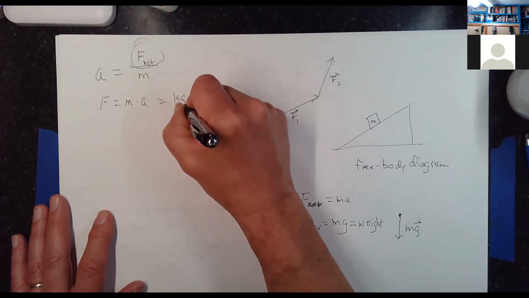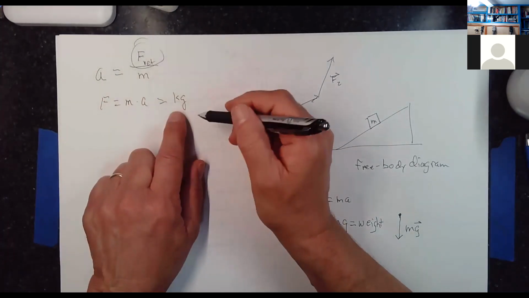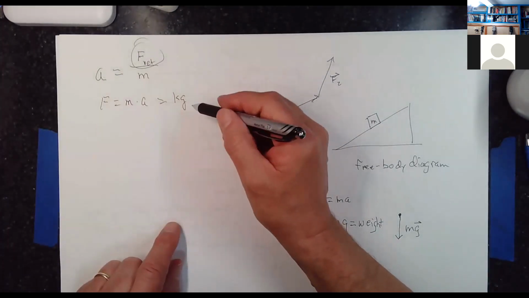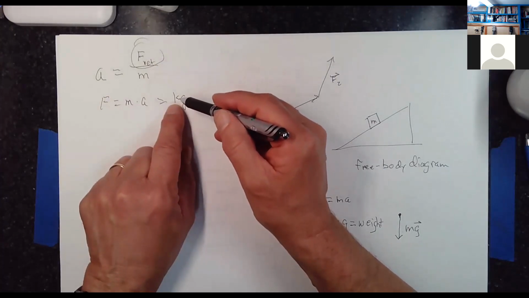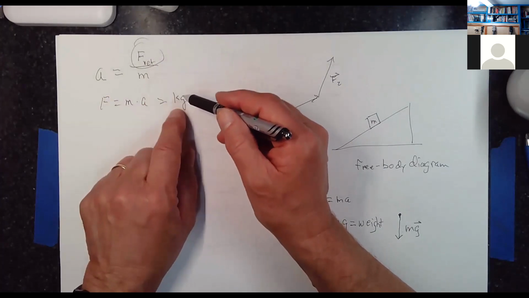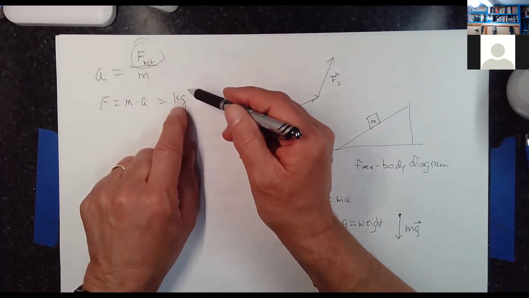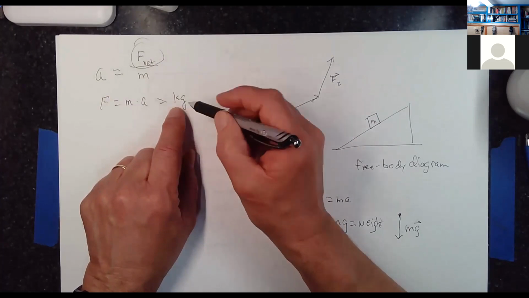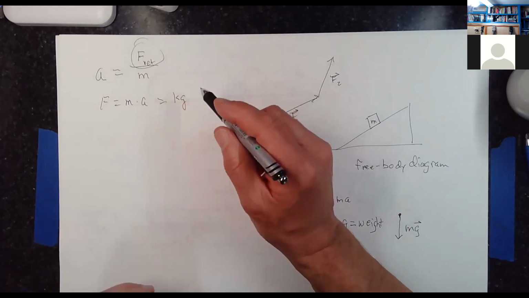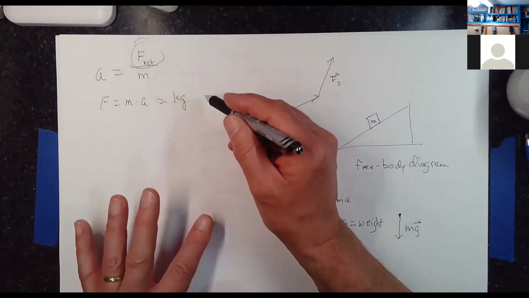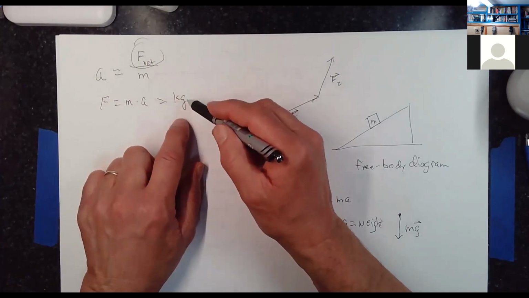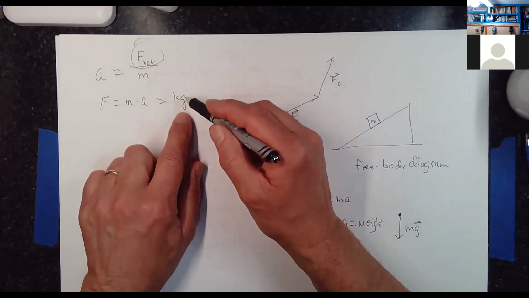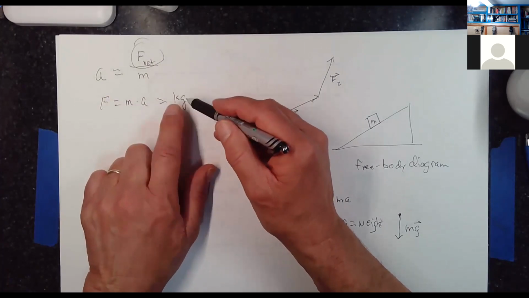Grams also work, but the kilogram is the accepted unit of mass in the metric system. Now, k means 10 to the third, so it's actually 10 to the third grams, but the particular combination of kilogram is what most of the metric units are defined in terms of. And so this g here means a gram, not the acceleration due to gravity. So be a little careful, but that's our unit of mass.